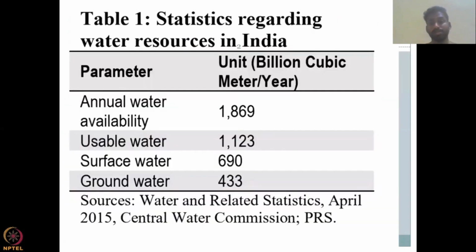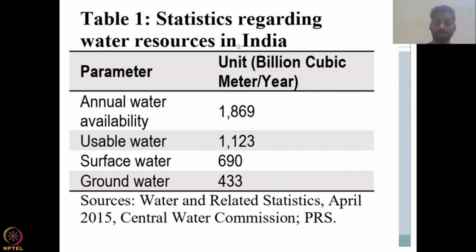We will continue our discussion on the groundwater resources in India to drive home the fact that groundwater has become one of the most, if not the most, important water resource. Let's look at the statistics as per the Central Water Commission, CWC. The annual water availability is around 1,869 billion cubic meters per year, of which usable water is lesser than that at 1,123 billion cubic meters per year.